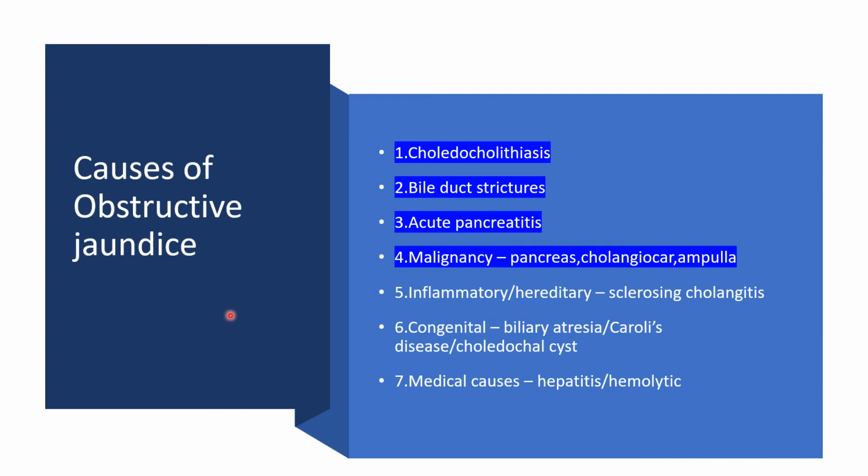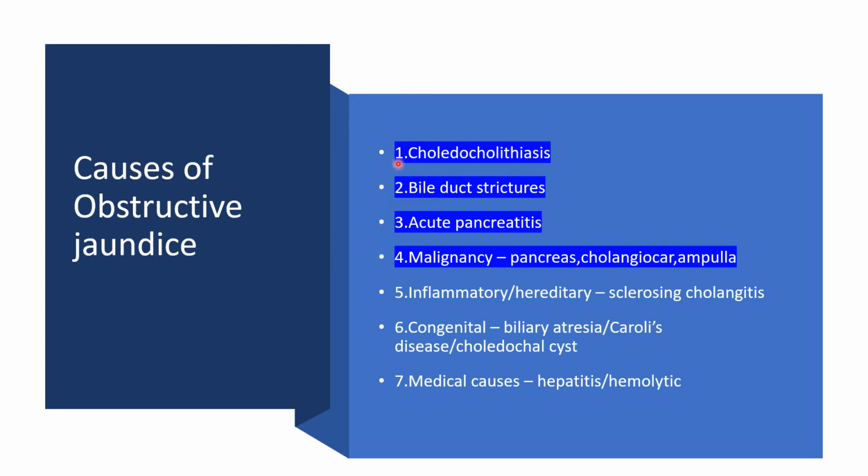Now, in order to proceed further into the diagnosis, when you take the history and do the examination, you must always keep the common causes at the back of your mind. So you must have an understanding of the common causes of obstructive jaundice in order to determine the cause in that particular patient of yours. This is a list of the common causes.